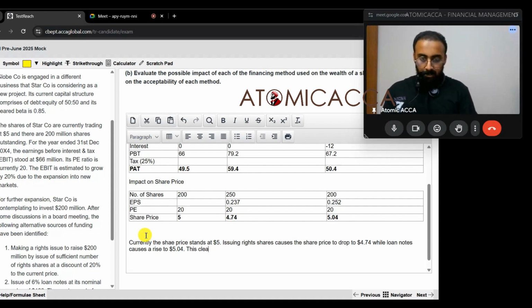This clearly shows that loan notes would be preferred by shareholders.